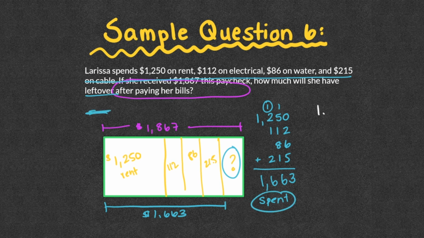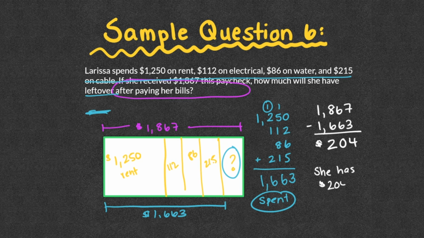So she makes $1,867, and she spends $1,663. Based on what I know about buying things, budgets, how much money you have, and spending, I know that it's going to be a subtraction problem. So 7 minus 3 is 4, 6 minus 6 is 0, 8 minus 6 is 2. So we know that she has $204 left.